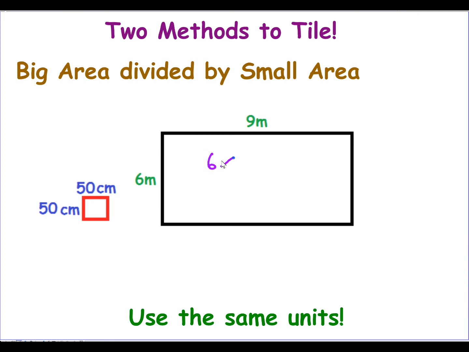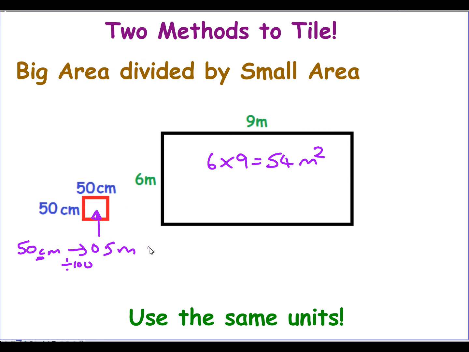So my big area is 6 times 9, which is 54 meters squared. My smaller area, I need to convert before I calculate the area. So 50 centimeters, knowing my conversions, I'm going from a small unit to a big unit, and I need to divide by 100 to get meters, is 0.5 of a meter.